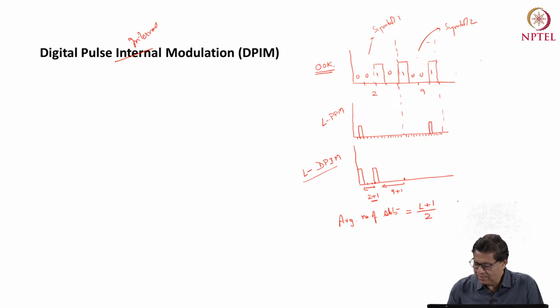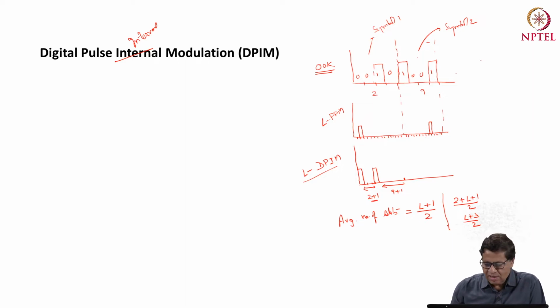And if you keep a guard band, the minimum value will be 2 Ts, that is 2 plus L plus 1, so this is L plus 3, divided by 2. So this is in case when you keep a guard band after every symbol. So this is the average number of slots.